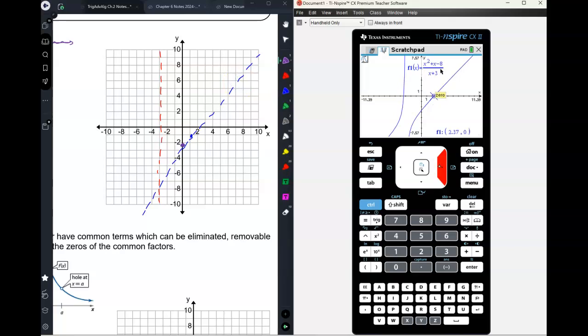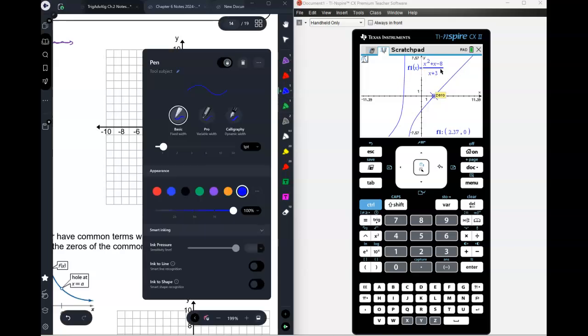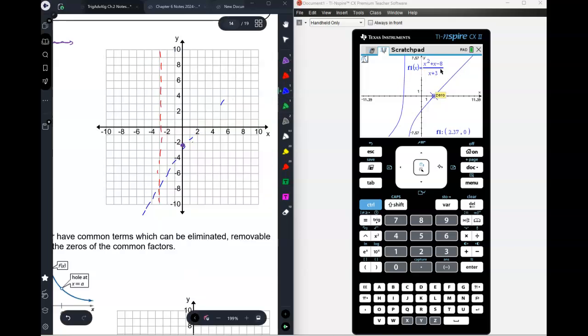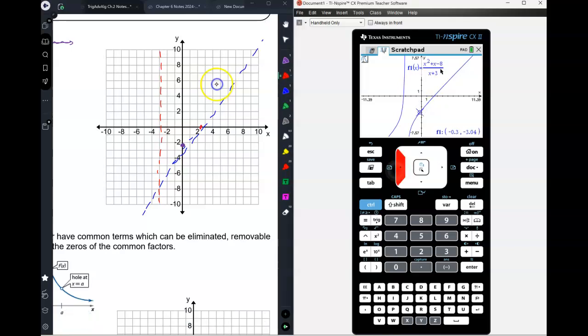So 2.37 and 0. Okay, my asymptote is not drawn correctly here. And then what's the other 0? Negative 3.37. That's right. Okay.